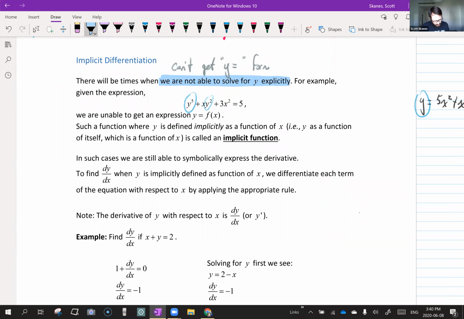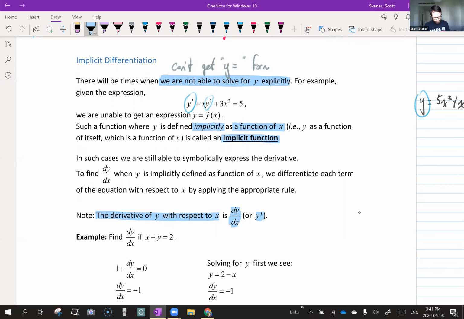It says such a function, in this case, y, is called defined implicitly. It's a function of x. That y is actually a function of x, which means we need to consider the chain rule when we do it. It's just called an implicit function, but let me jump ahead to the point. The derivative, it's okay, Mohammed. The derivative of y with respect to x is dy or y prime.